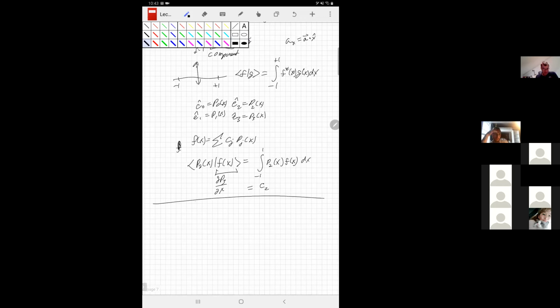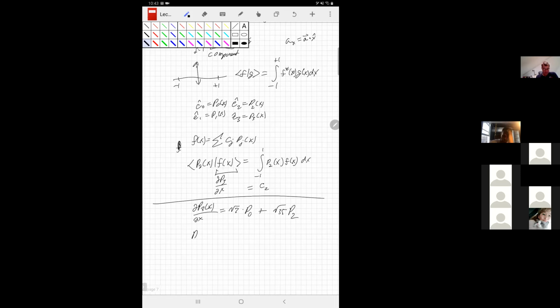So what did we find? We found that the derivative of P3 of x with respect to x was equal to the square root of 7 times P0 plus square root of 35 times P2. All right?